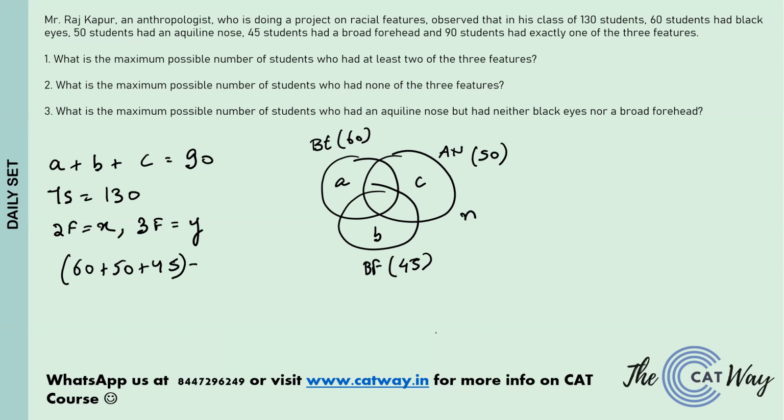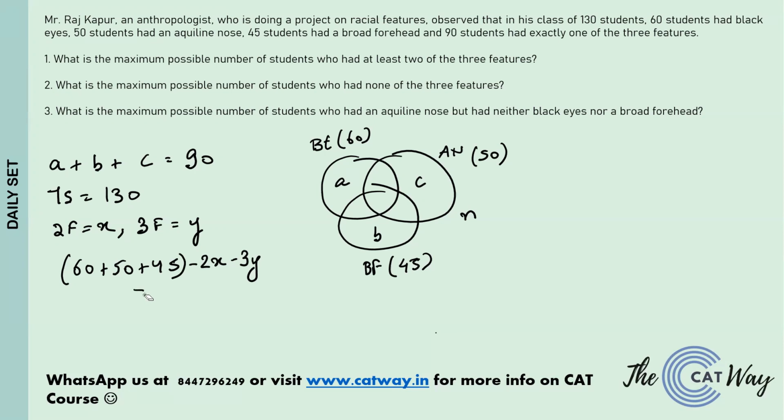And from this, you will subtract 2x and you will subtract 3y. Why will you do that? Because in 60, 50, and 45, the number of people who had two features were included twice, right? Let's say between BE and BF, there were some people. Whatever number is written over here, they will be included twice, so you'll be removing them from there. And you will be removing the thrice wala people also.